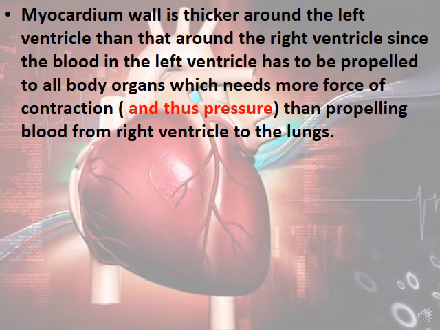It needs more pressure, so more force of contraction. So it should be thicker to withstand, or to work under, this high pressure. The right ventricle, by comparison, only propels the blood to the lungs. Let's watch this video about the anatomy of the heart.